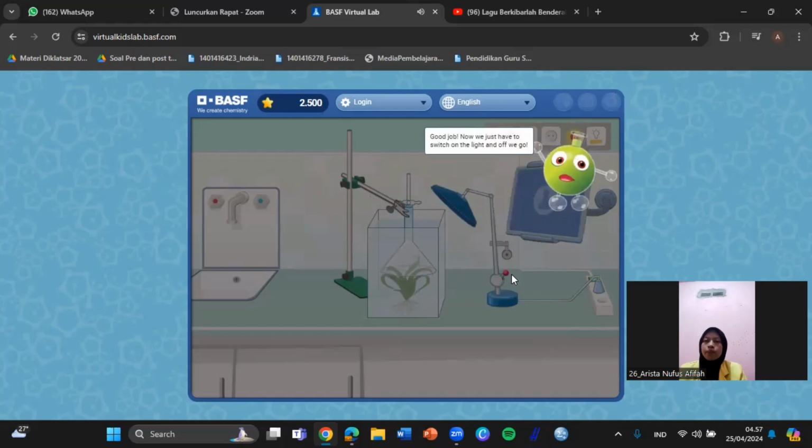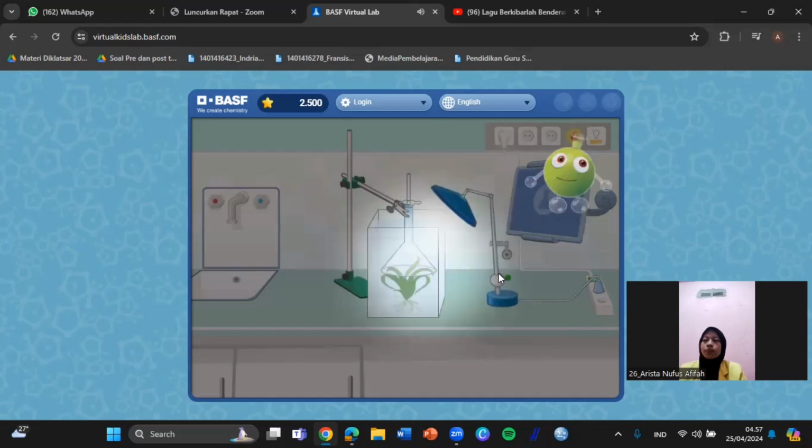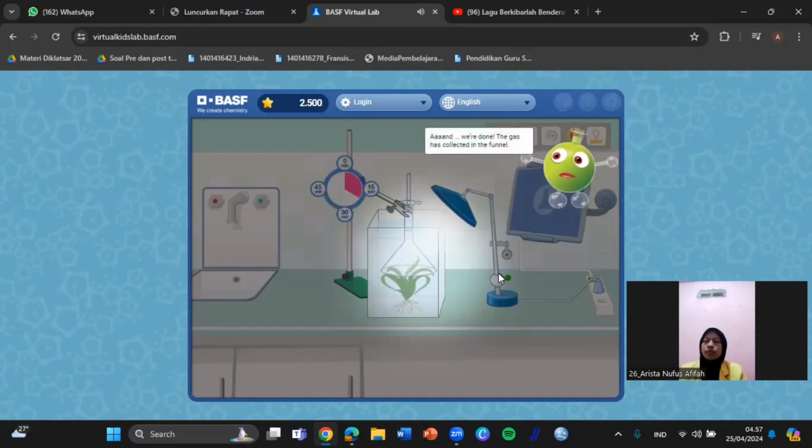Now we just have to switch on the light and off we go. Great! Our setup is finished and now we can guide the gas that is produced into the funnel. It will take a few minutes though. And we're done. The gas has collected in the funnel.